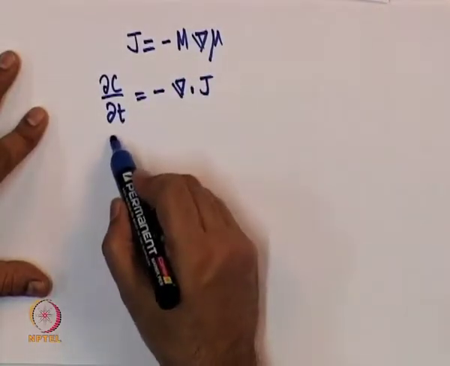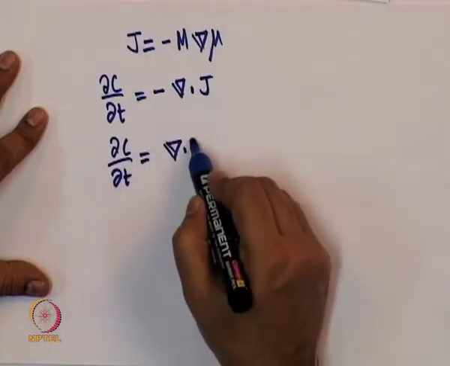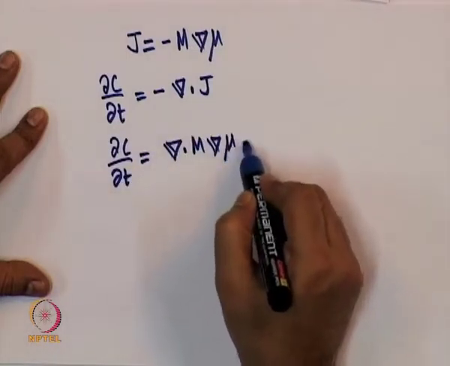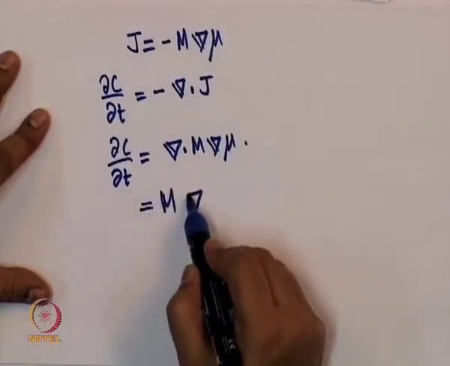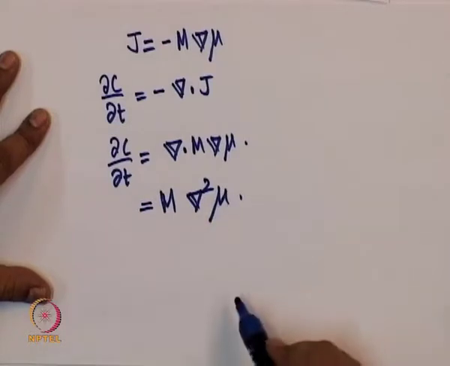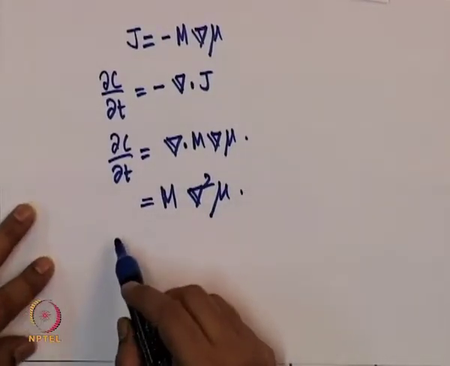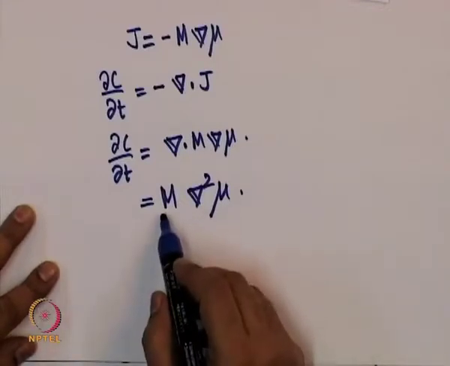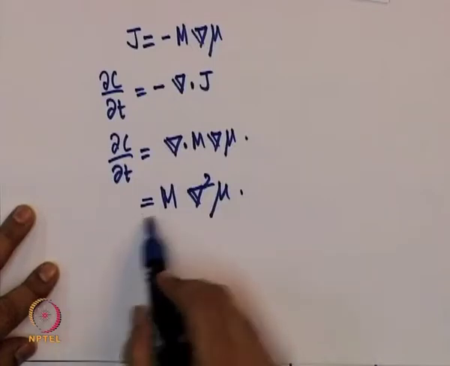And so putting together, dou c by dou t is nothing but del dot m del mu. Let me further assume that m is a constant. So, m del squared mu, and we know the mu value. So, I am going to have this n pulled out.